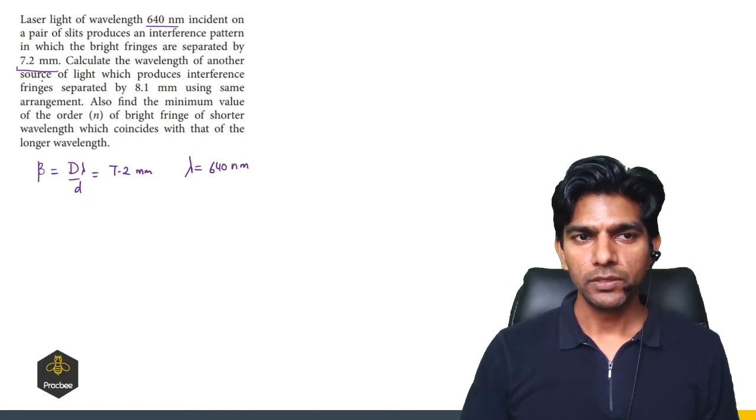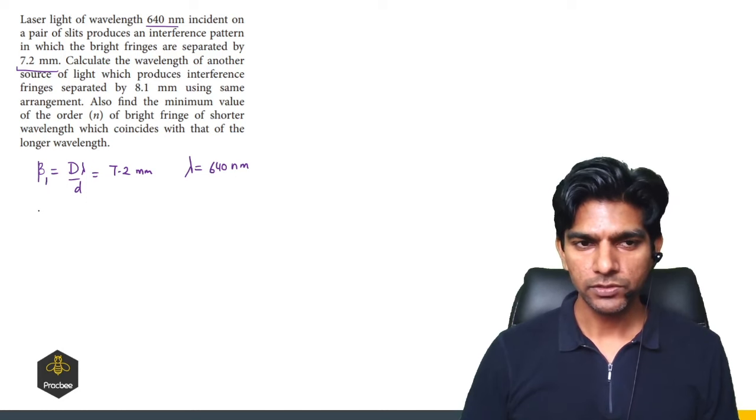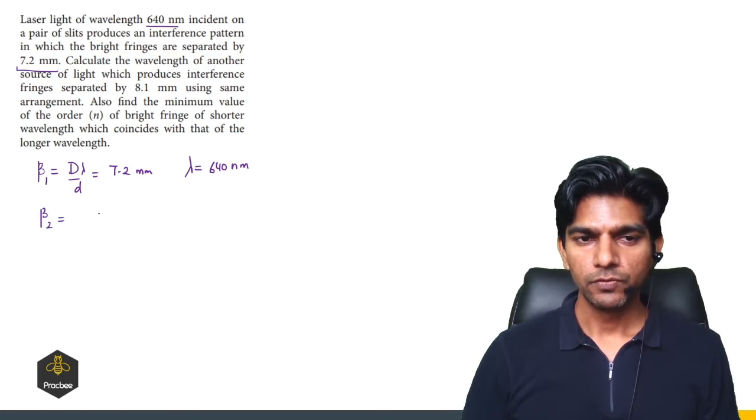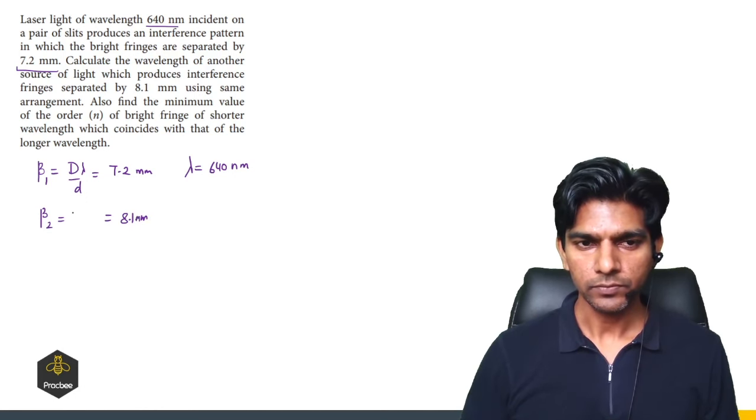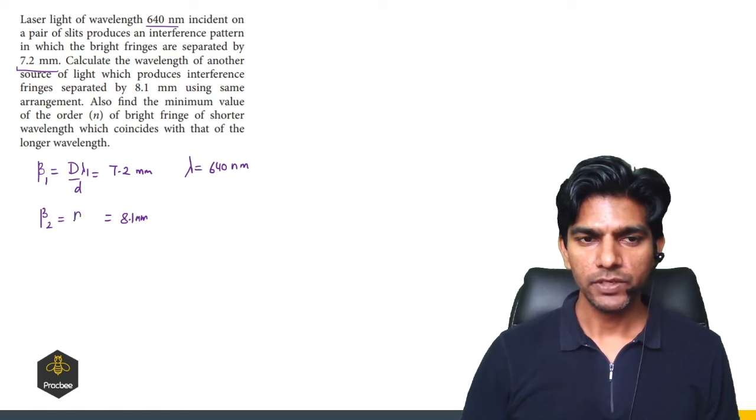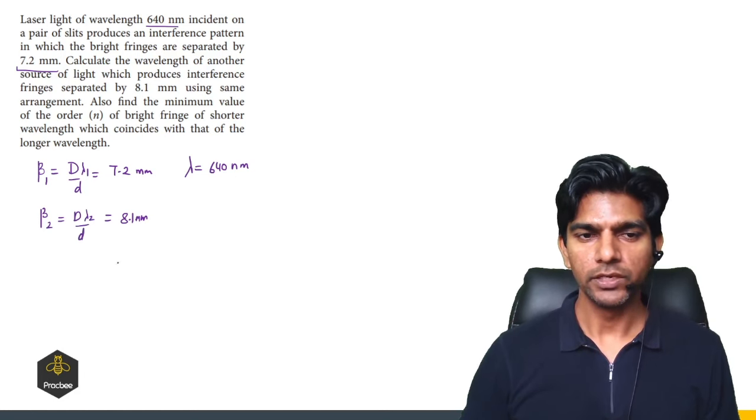Calculate the wavelength of another source of light which produces interference fringes separated by 8.1. If this is beta 1, we are using a different source which produces fringe width as 8.1 millimeter. So let us say this is lambda 1, so we have D lambda 2 by small d.